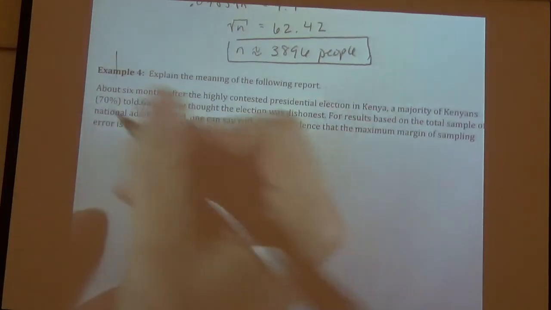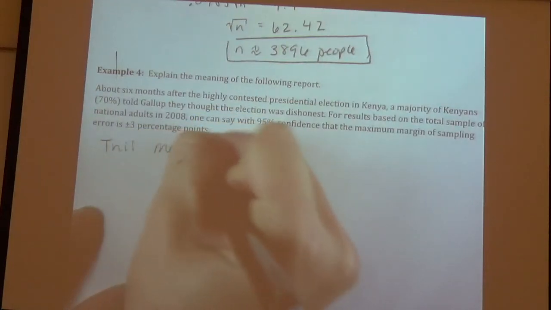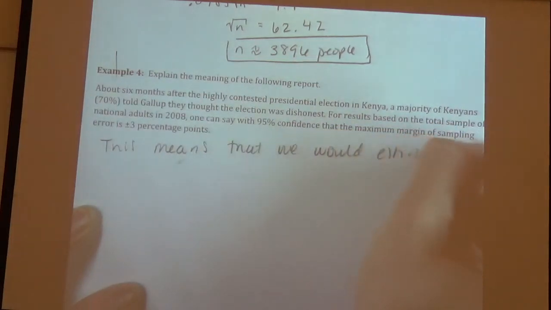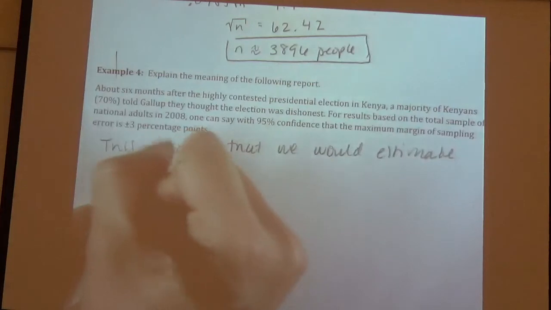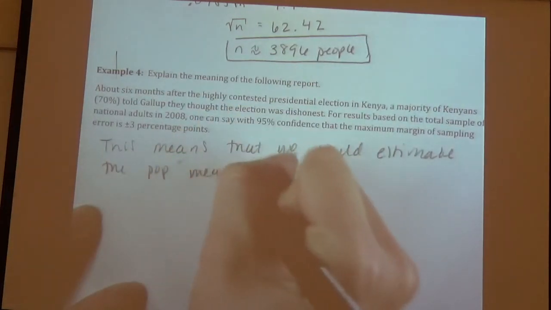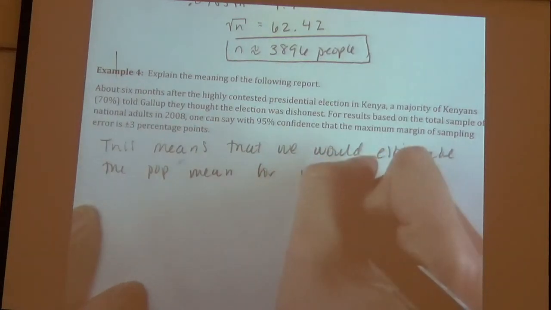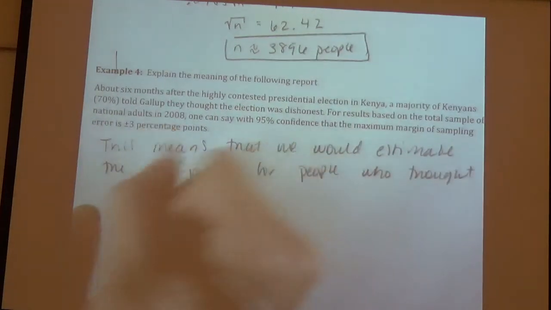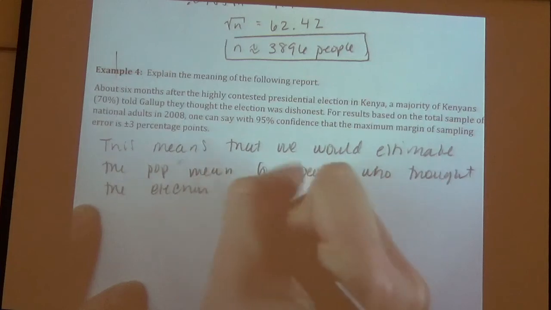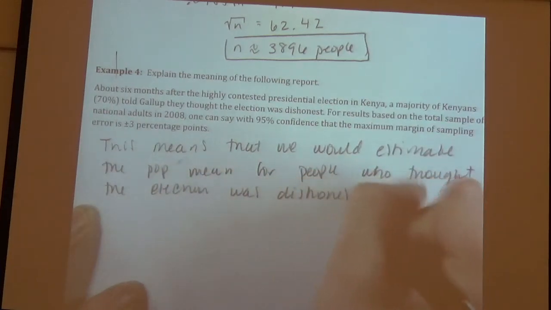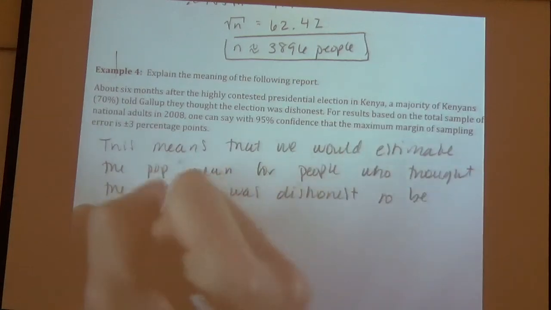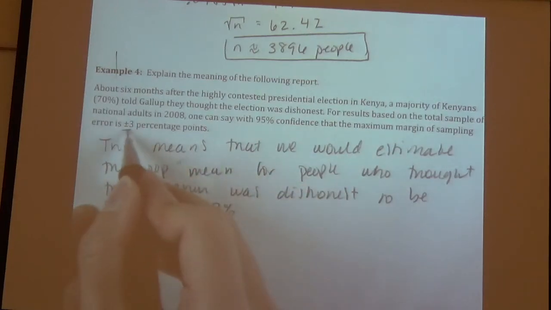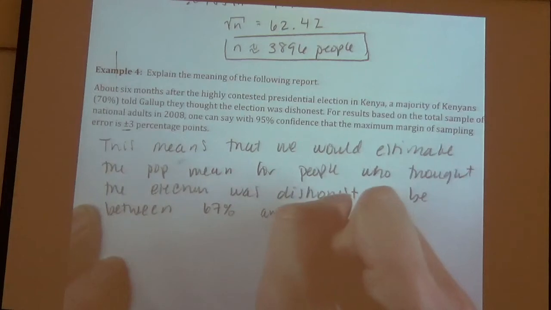So this means that we would estimate the population mean for people who thought the election was dishonest to be between 67%, so that's where the minus 3 percentage points comes in, and let's see, 73%.